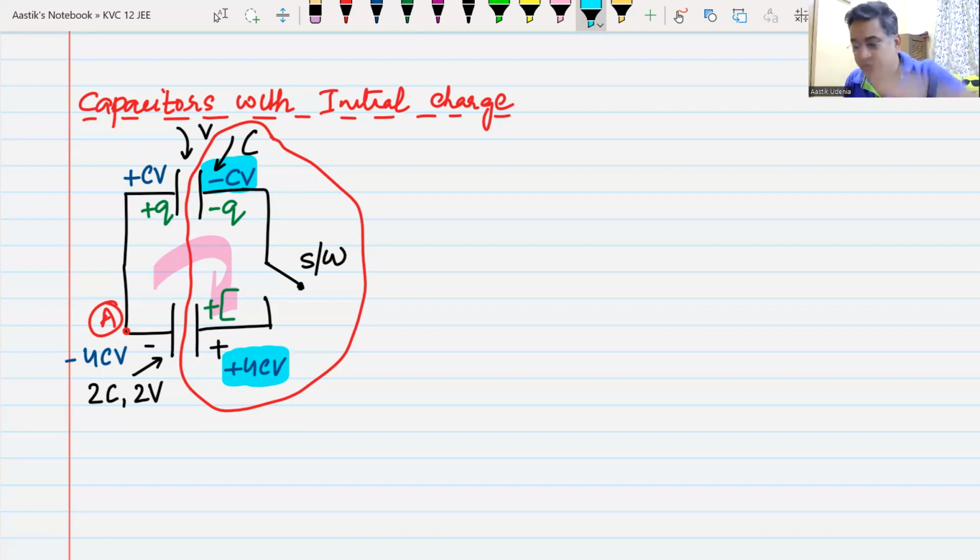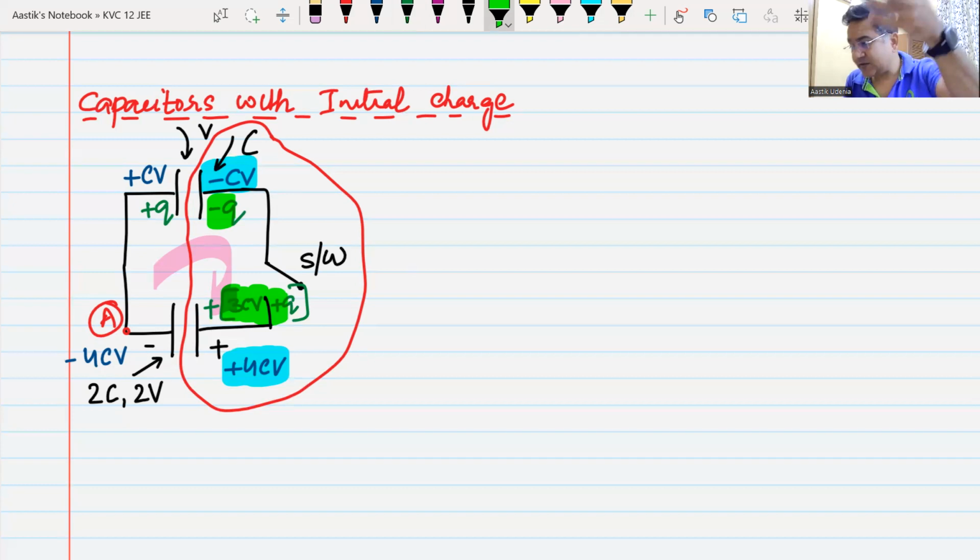But minus Q has already gone on the upper plate. So whatever remains will come on the lower plate. What remains is 3 CV plus Q. When I add up these two charges, the green charges, I must get plus 3 CV. So upper plate and lower plate adding up should become 3 CV.